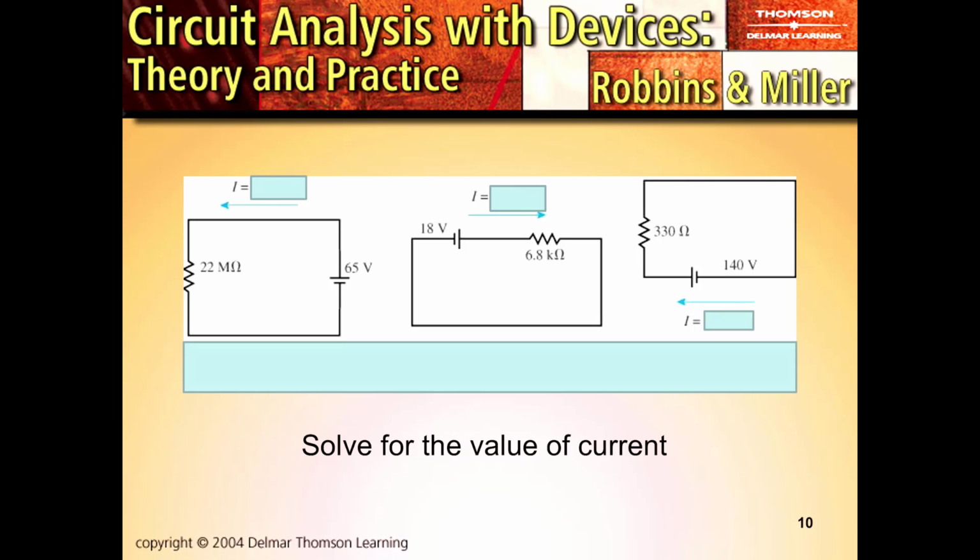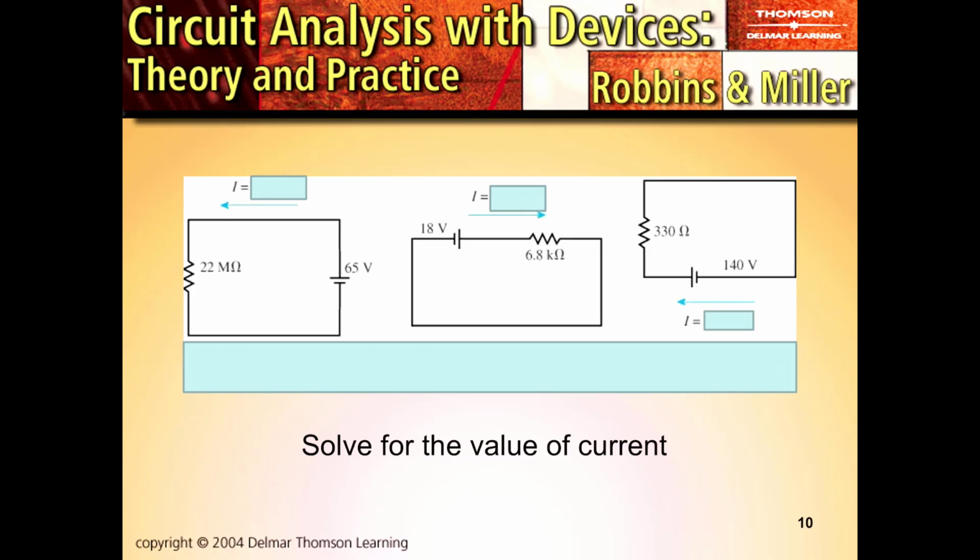That's done purposely in order for you to be able to identify or find the sources of voltage and add them all together. In this case, there's only one. And all your loads and add them all together. And in this case, there's only one load and one source to deal with. So we're looking for current in each one of these examples.